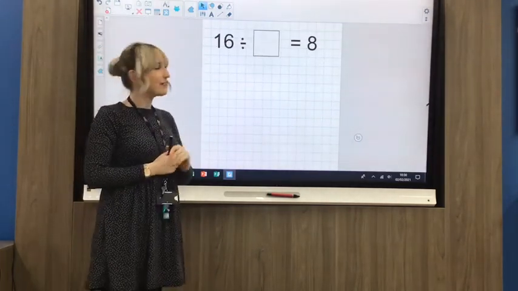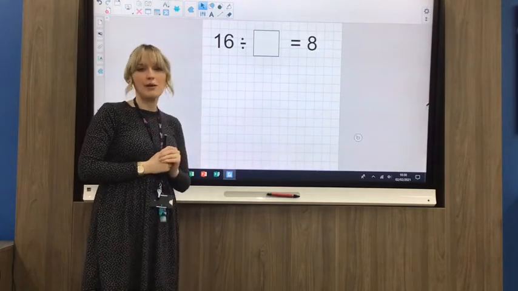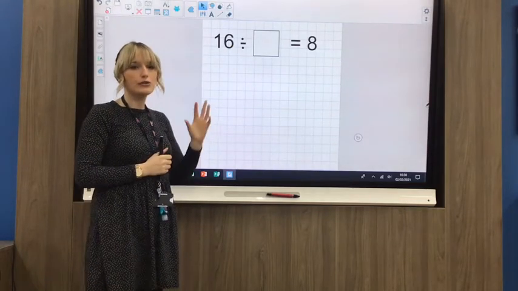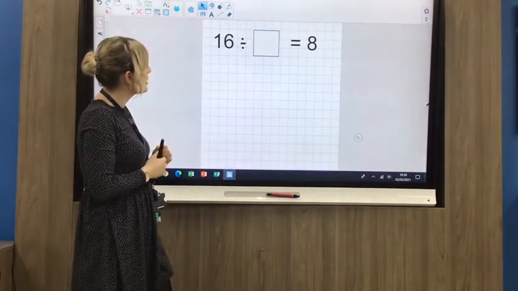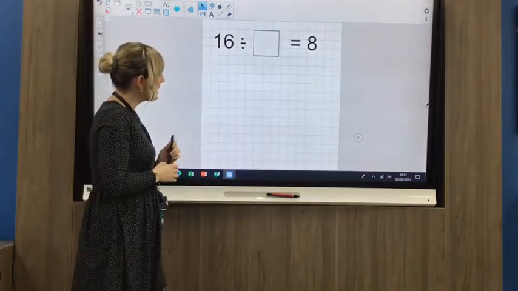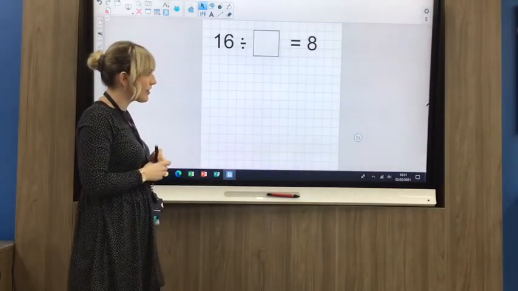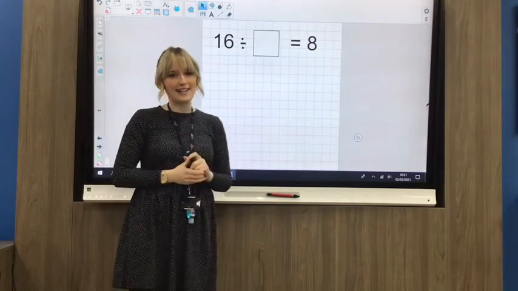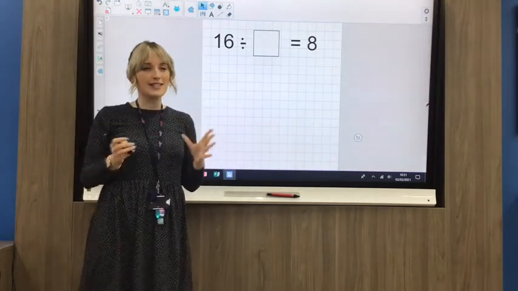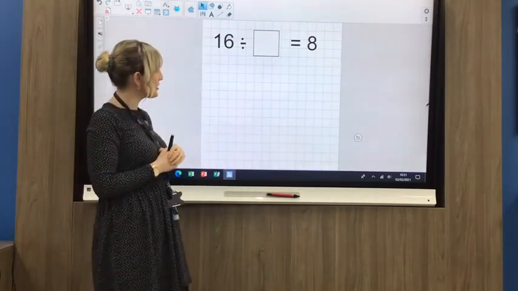This time I've got a division question. Remember, when we're dividing, we are grouping or we are sharing. So I've got 16 divided by something equals 8. Now you might just know it, especially if you play TT Rockstars a lot.